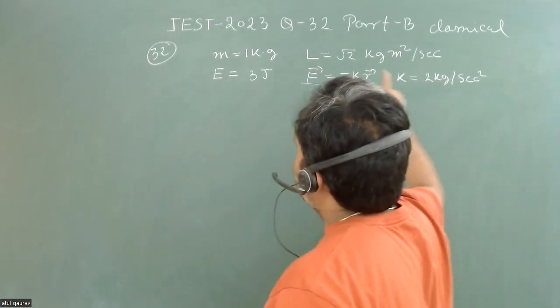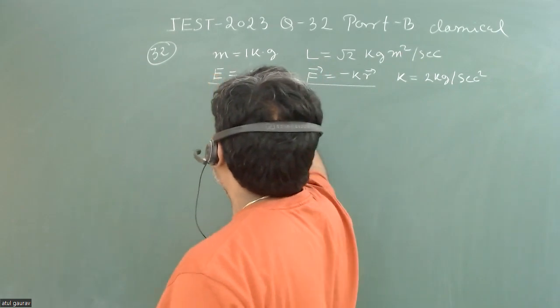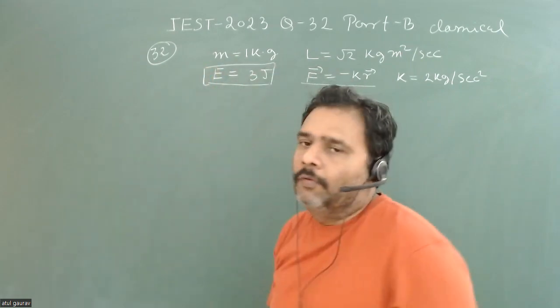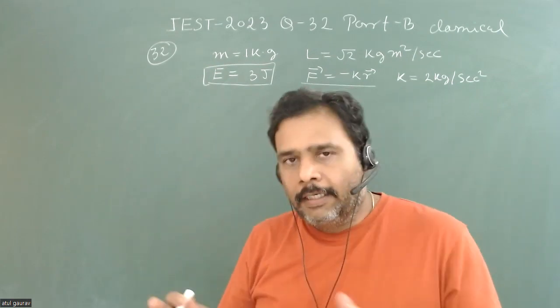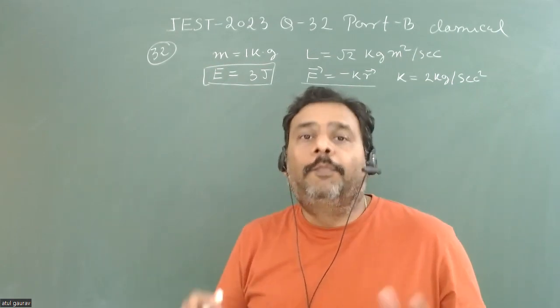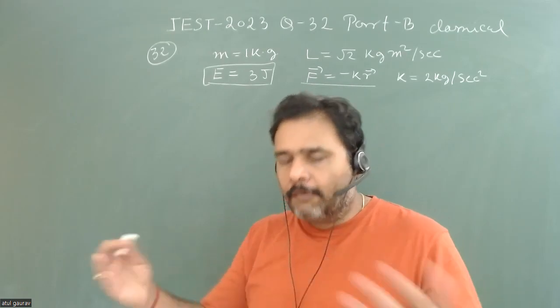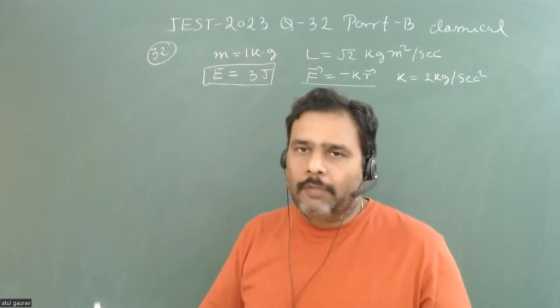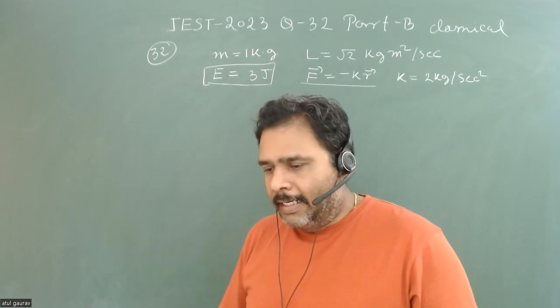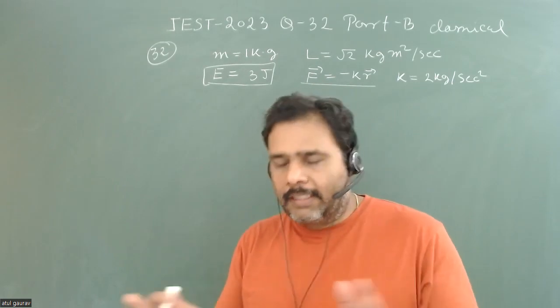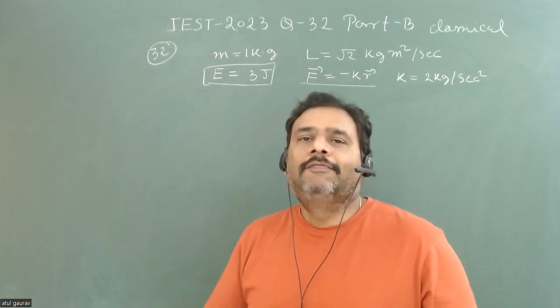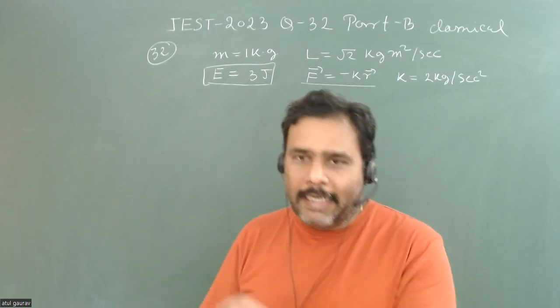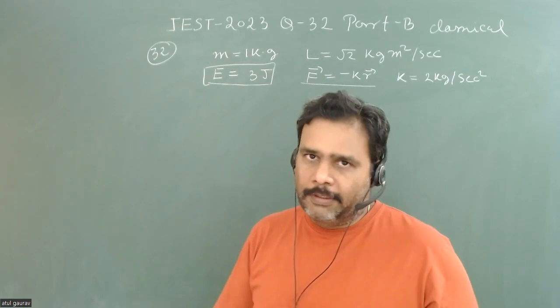It is asked in the question, for energy E equal to 3 joule, in which region is the particle going to be bound, for an annular space, meaning for a two-dimensional space. You have to just calculate in which region your particle is bounded. But the options are very interesting, so first we will solve it and then we will try to match the option.